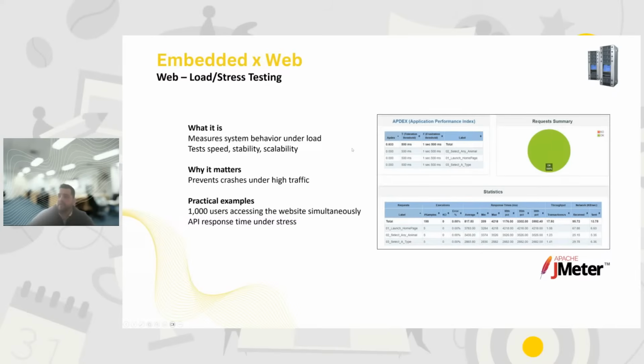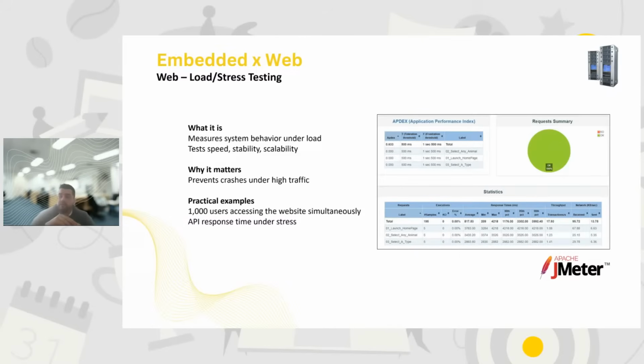On the other side, we have the load and stress testing. Here I have a screenshot from the JMeter tool. And practical examples: simulate 1,000 users accessing the website simultaneously, or API response time under stress, etc. So it's exactly similar to the things that we do with our embedded devices.